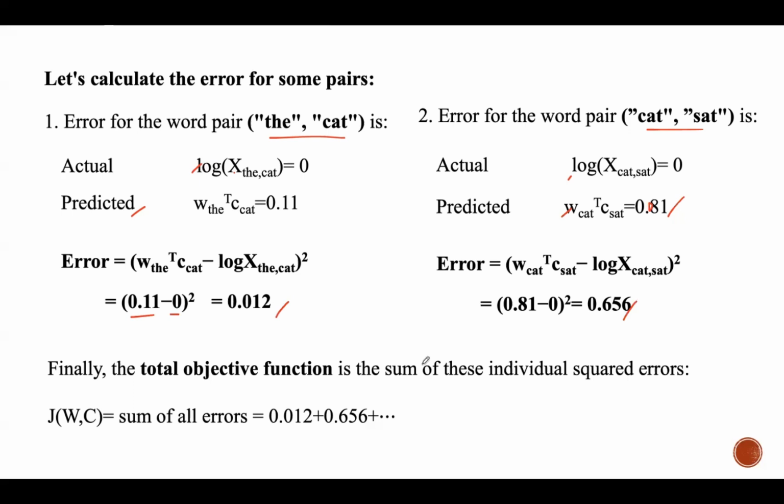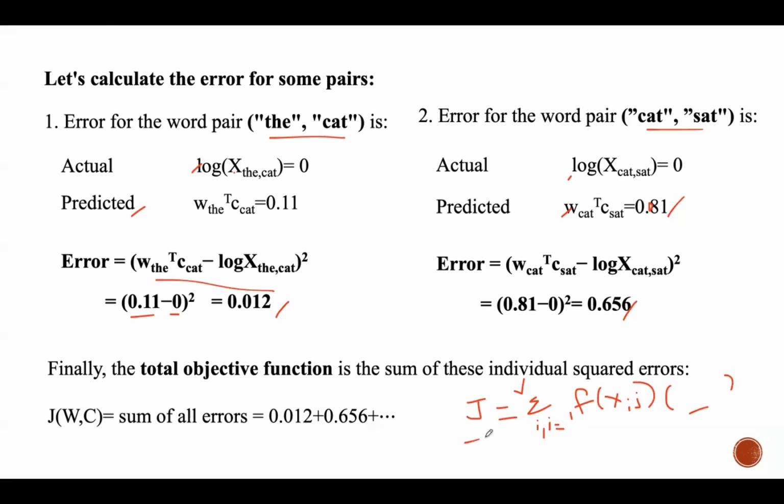Now we need to calculate the objective function. The objective function formula is J equals sigma i,j equal to 1 of f of Xij into this whole value. You need to place it here.